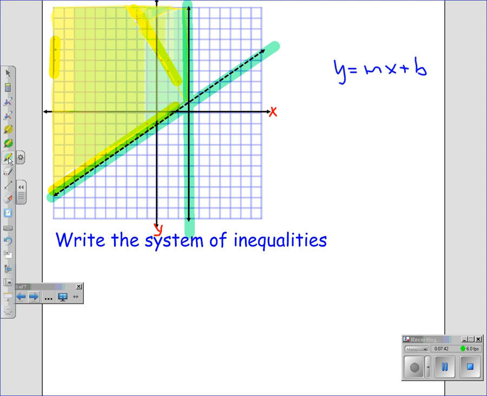So look at where it crosses the y-axis and then determine what the slope is to another point that you can actually tell what the coordinate is. And you're going to be writing down your y equals mx plus b, and you have to decide whether you're going to use greater than, less than, greater than or equal to, less than or equal to, based on the shading, based on solid and dashed.